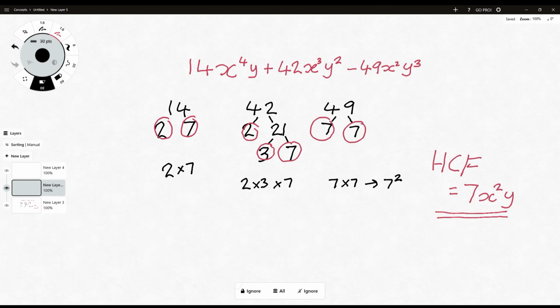So to factorize, we write down the HCF, 7x squared y, and then we open up a set of brackets and we divide 7x squared y into 14x to the power of 4y.